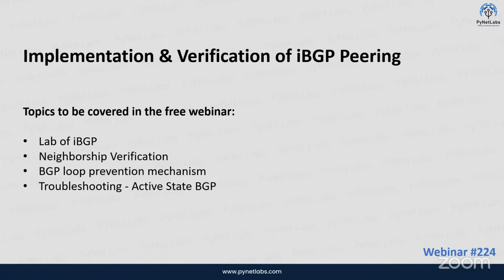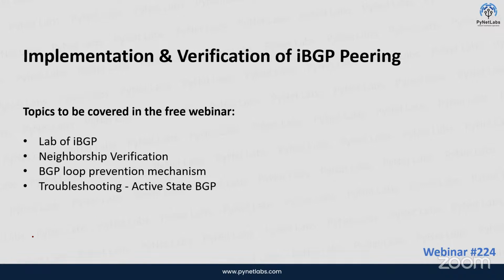This loop prevention mechanism is more about a theoretical concept, but definitely we will look more in detail with the lab verification at how the loop prevention mechanism is going to come in between with the iBGP peering and neighborship verifications.